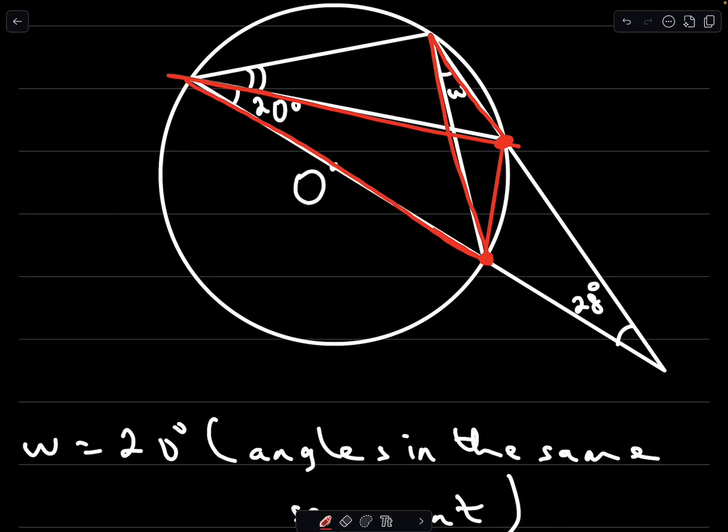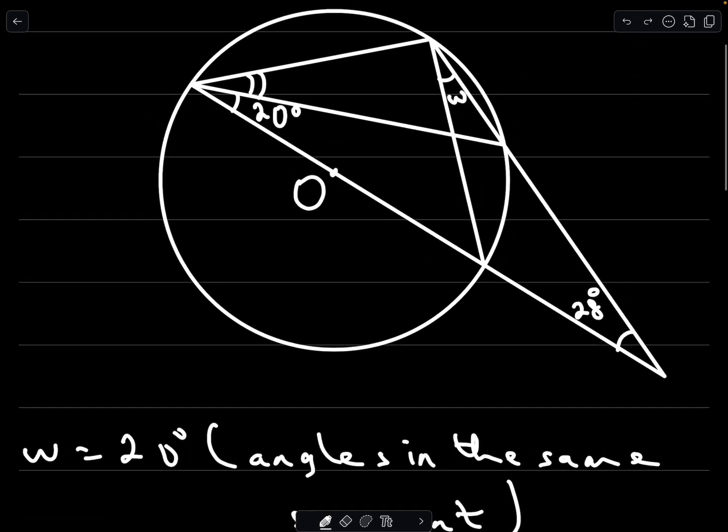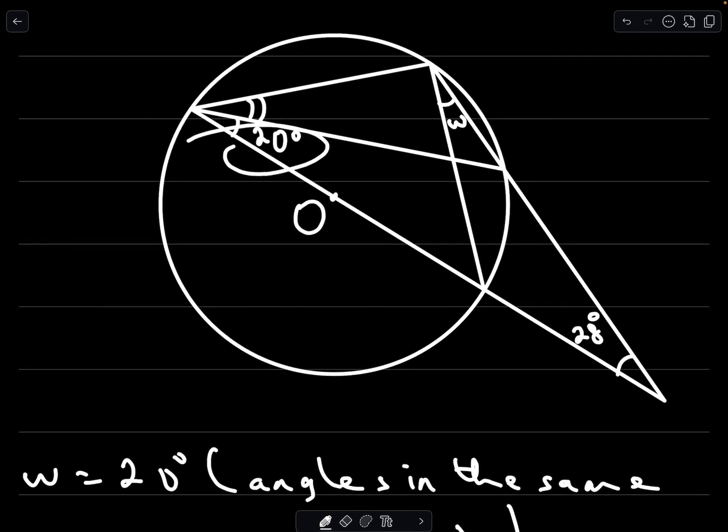Those two lines touch the circumference, and they touch the extreme ends of the chord. That's how you identify the same segment angles. That means this angle and this angle are in the same segment. So angle W equals 20 degrees because it is in the same segment with 20 degrees.